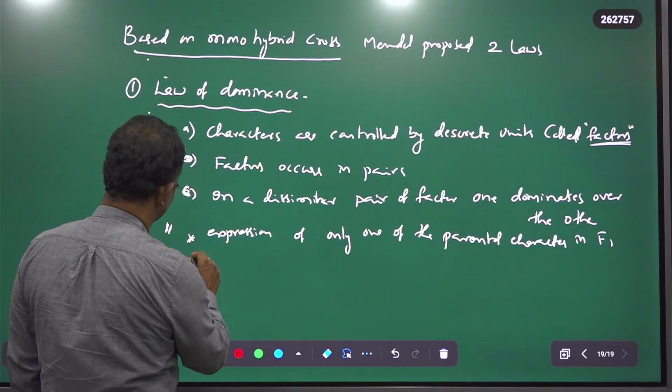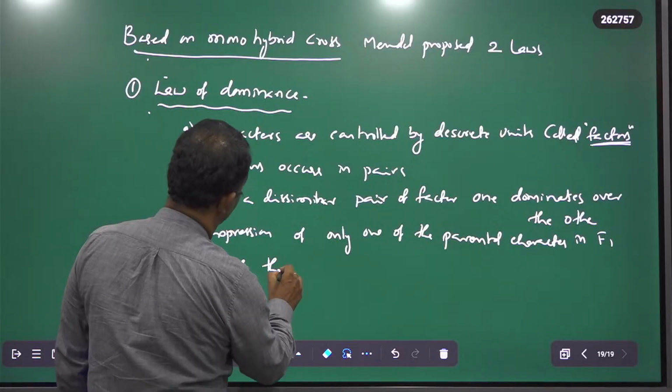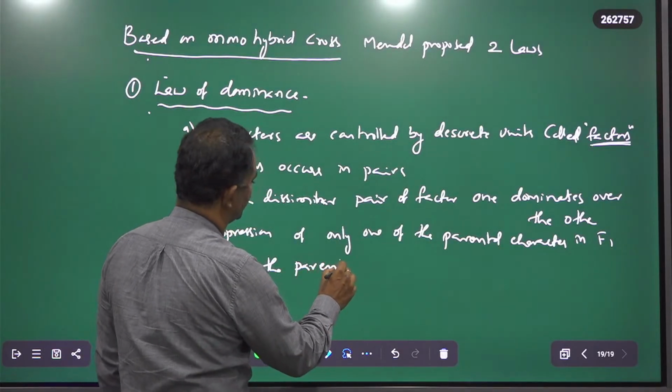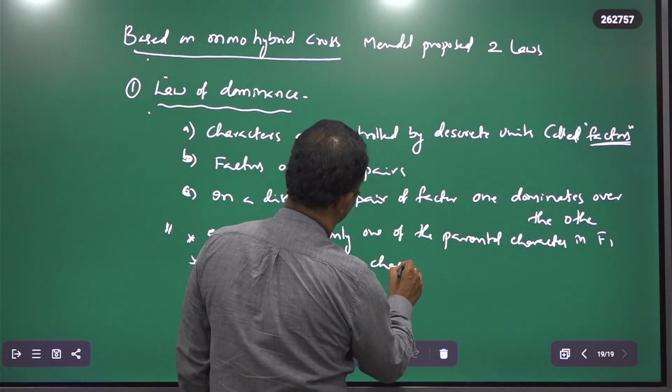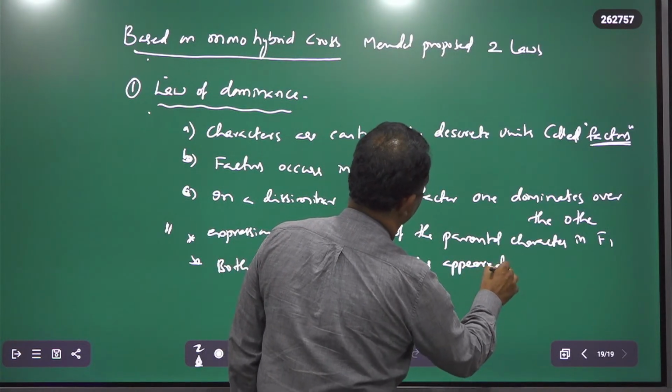Both the parental characters appeared in F2.